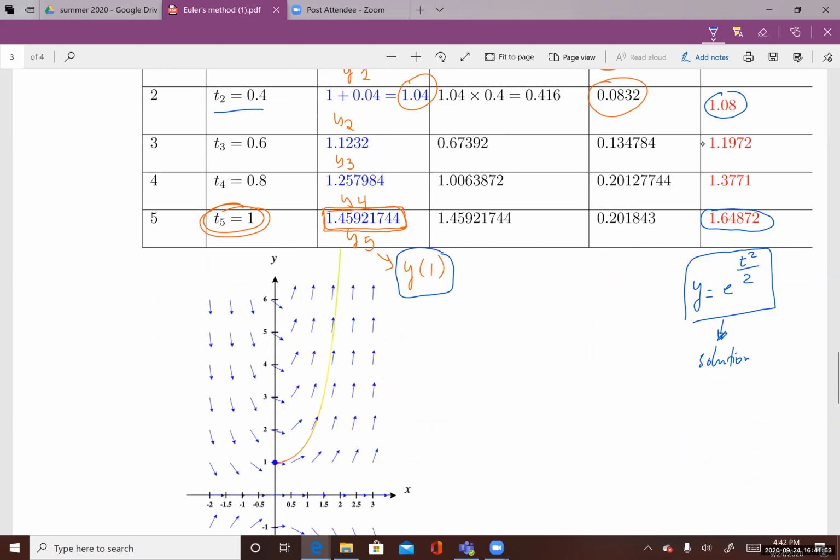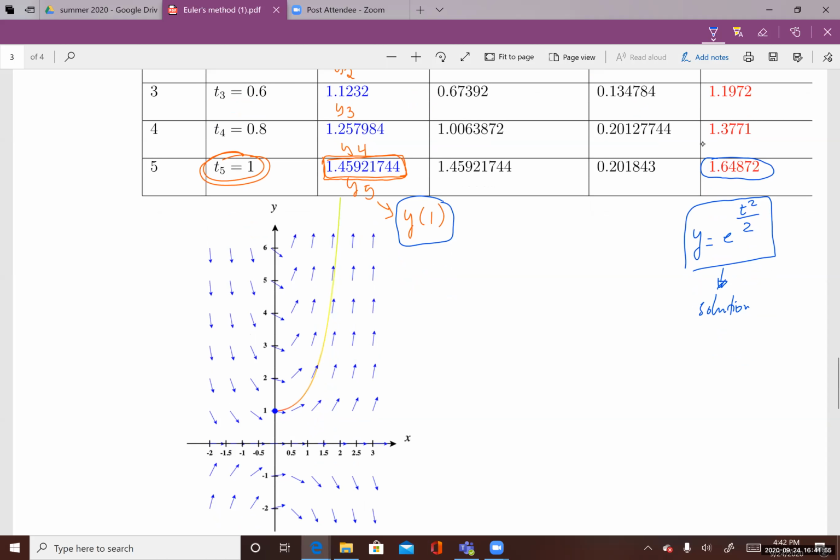All right, and then this is the direction field of this differential equation, and you can see that this is the initial value, and this is the solution curve of this differential equation, e to the t squared over 2. We start from here and we want to estimate at this point right here.